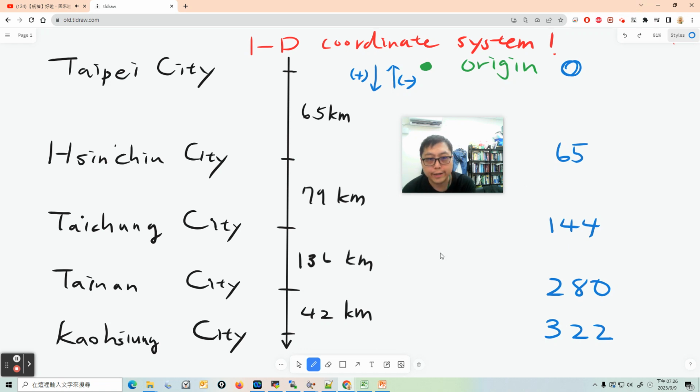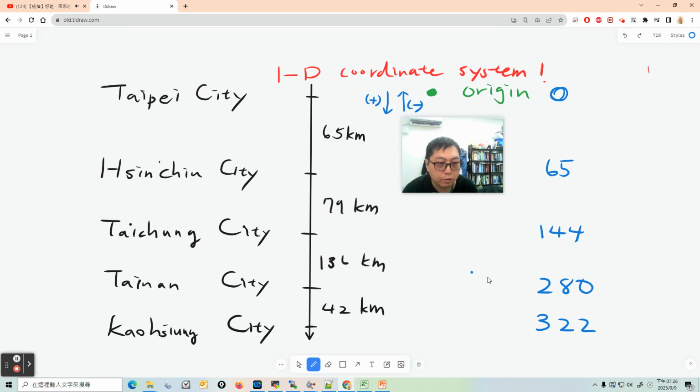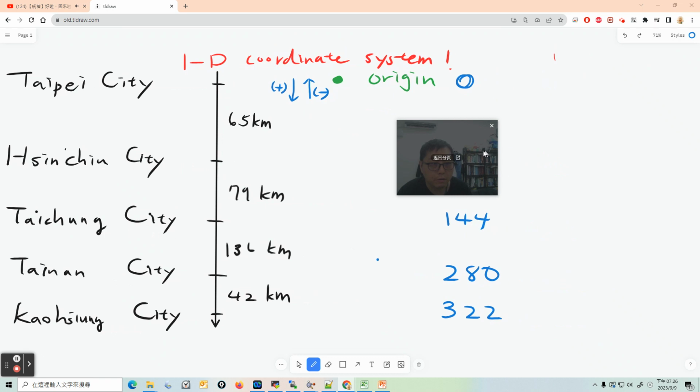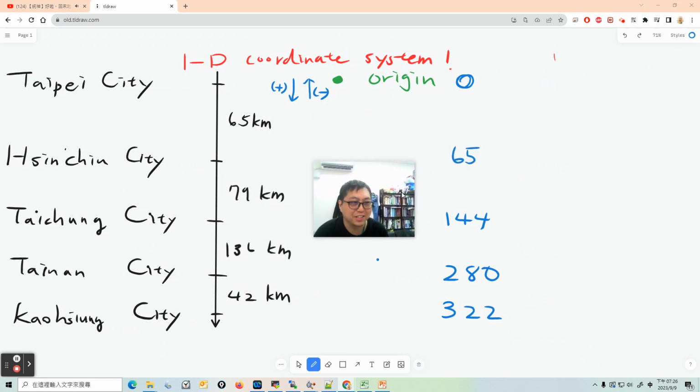Okay, I think I can zoom out. Sorry, I should move it here. So I changed it a bit. I set another coordinate. The same system, but I set a different coordinate.